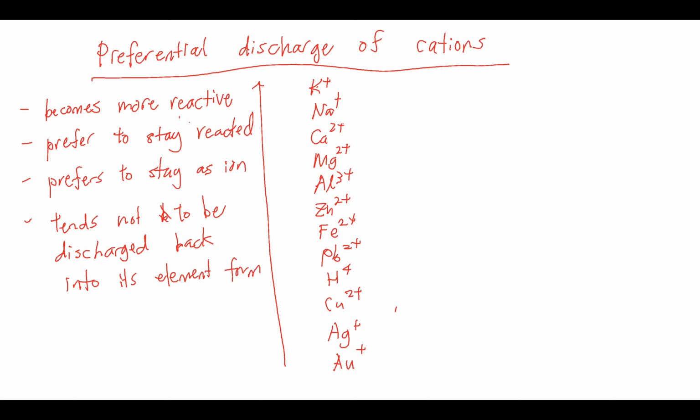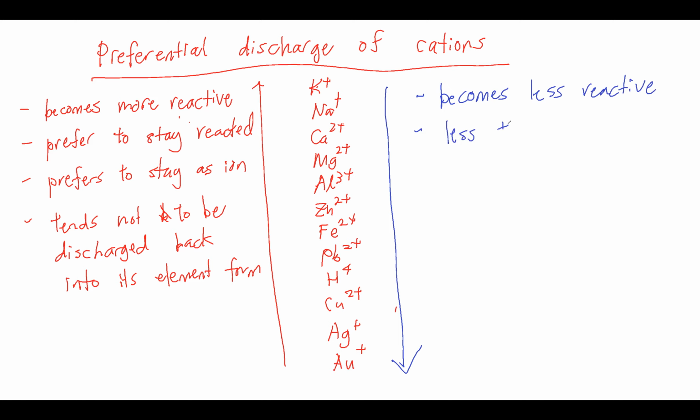Now on the other hand, when we go down the reactivity series, we find that the metal or the element becomes less reactive. Because it is less reactive, it has less tendency to stay in the ion form.